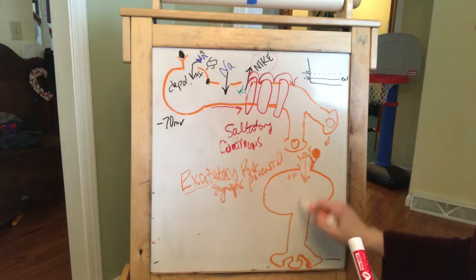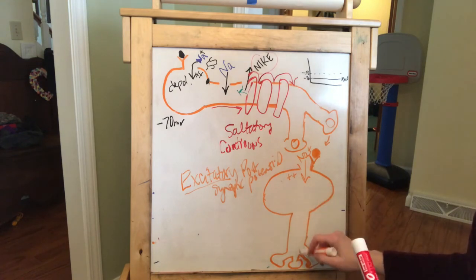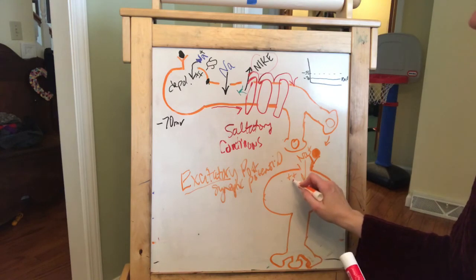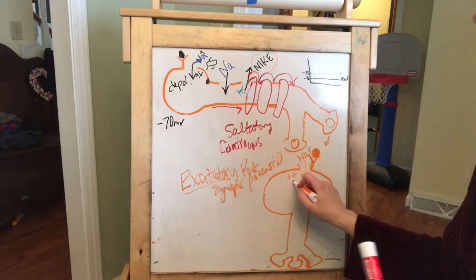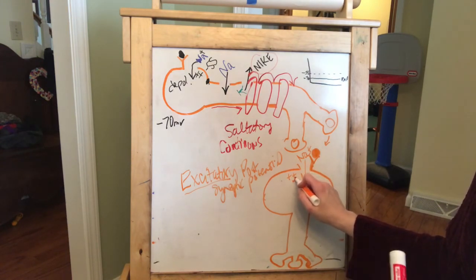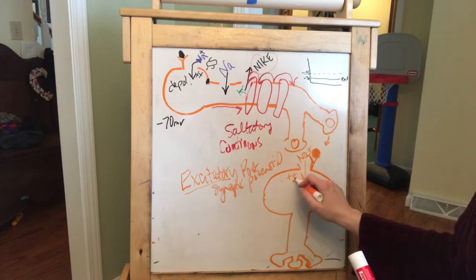Excitatory because we're getting closer to exciting this neuron, getting closer to initiating an action potential because we're getting closer to threshold by becoming less negative. So we're moving away from -70 towards -55, towards that threshold.